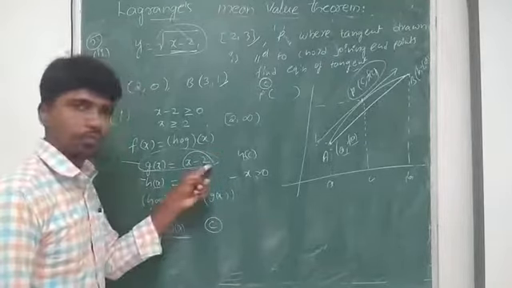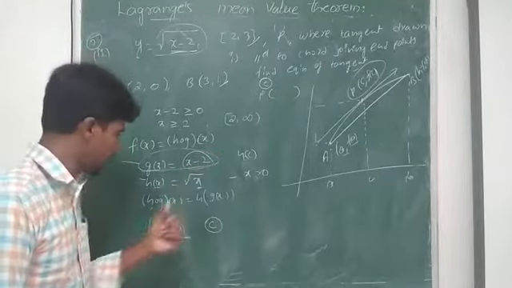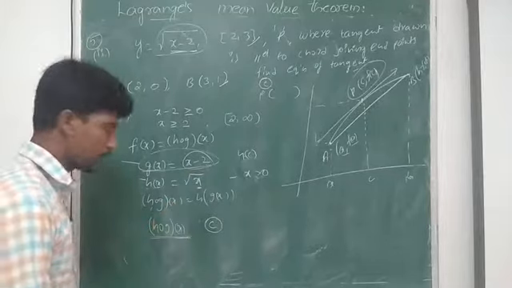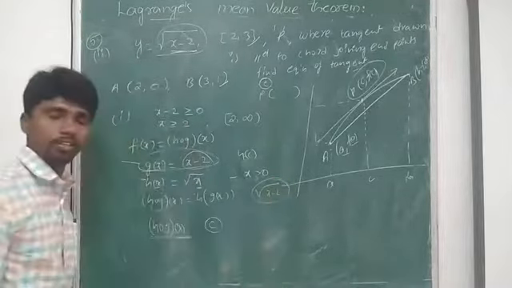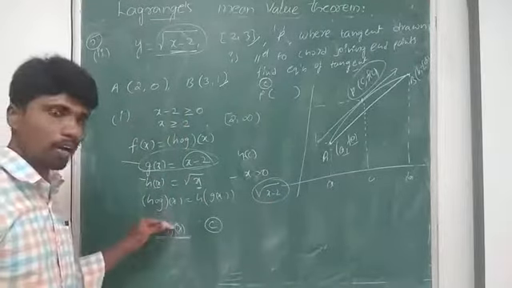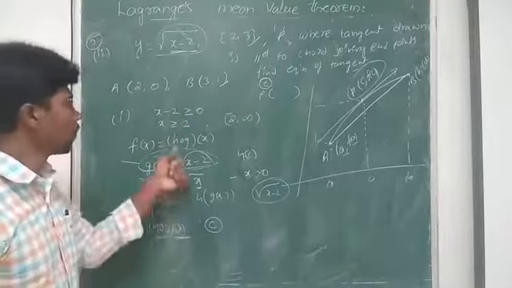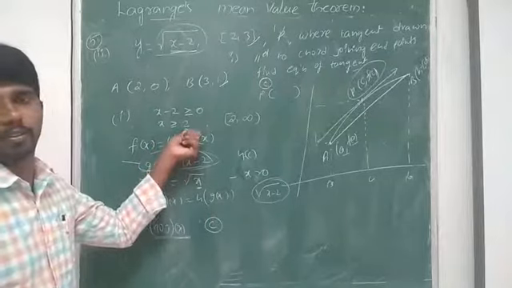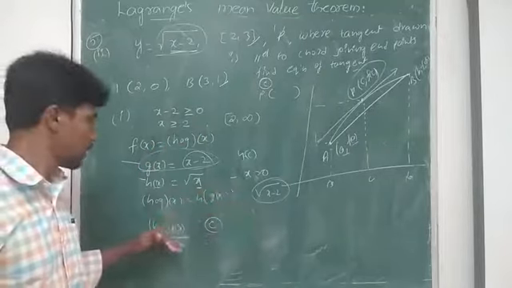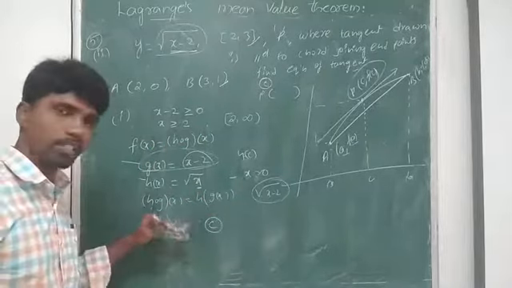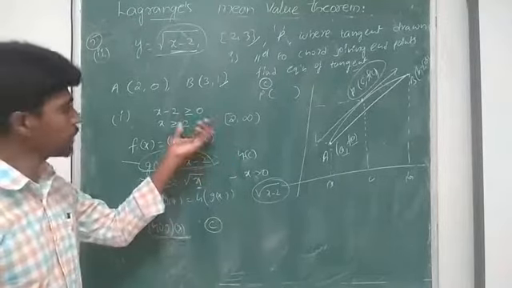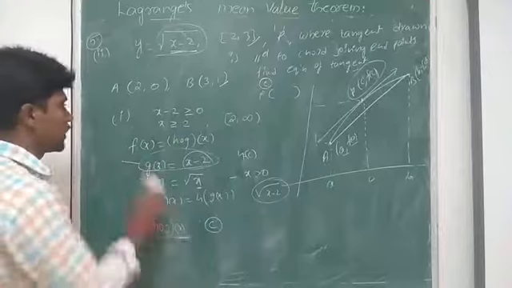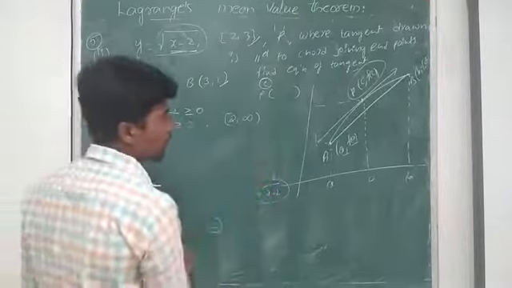Therefore, h circle g of x, which is root of x minus 2, is continuous for all numbers which are more than 2. So in this way also we can say the given function is continuous or not.